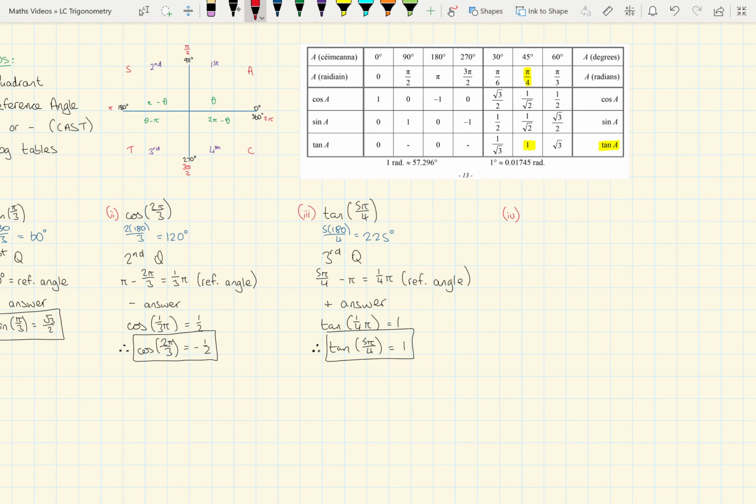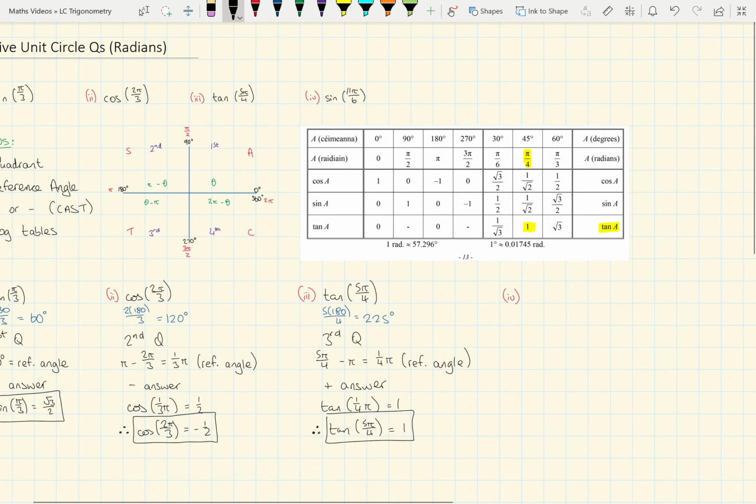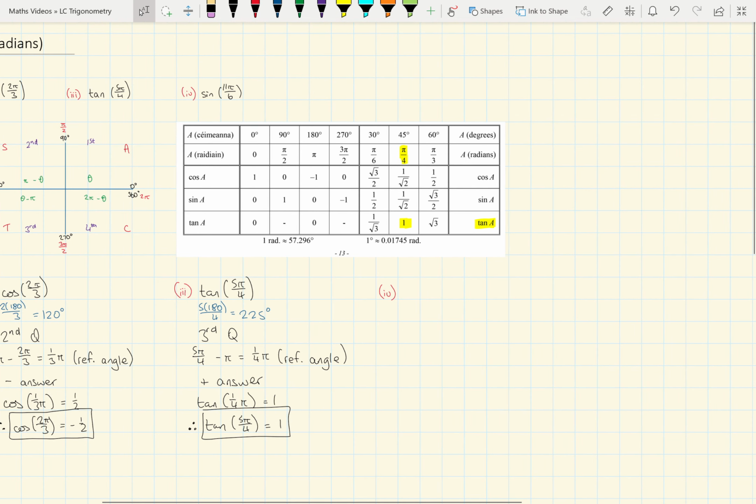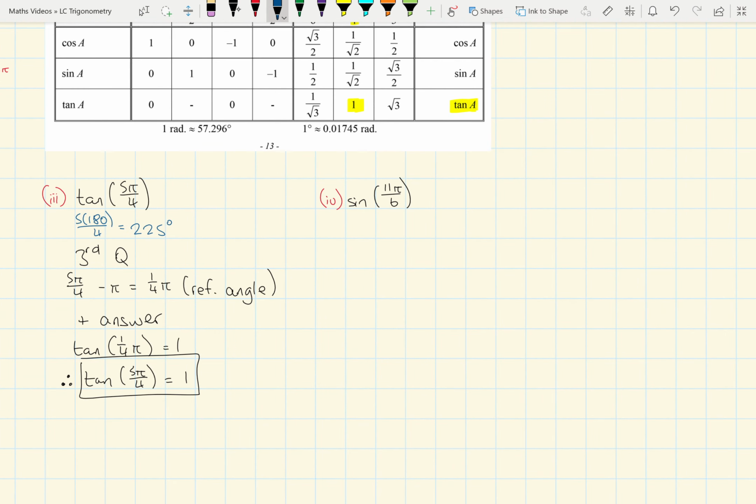Now our last part, we have been asked to find sine of 11 pi over 6. Again, awkward angle, no harm converting, just to double check. So 11 by 180 divided by 6 is going to give you 330 degrees.